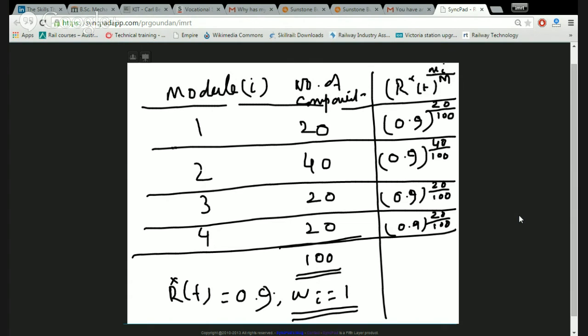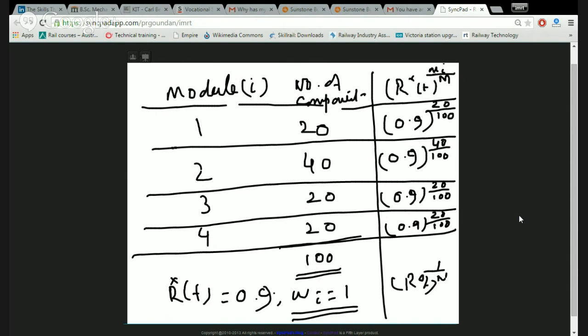Because it is exponential. Now if you add, for example, all of them, you can see 20 plus 40 plus 20, 20, 100. 100 by 100 is 1. So 0.9 to the power 1 is 0.9. That is the total thing. It's like 1 by n. All are equal components. You will do R of t to the power 1 by n. N systems. Each one is equally distributed.